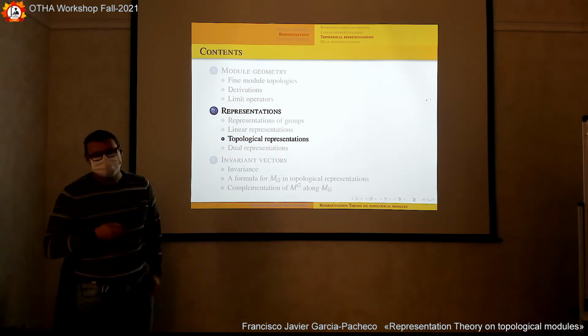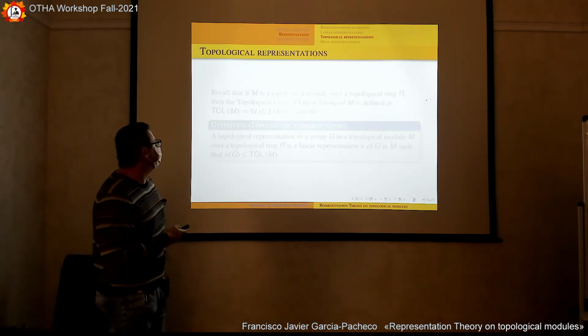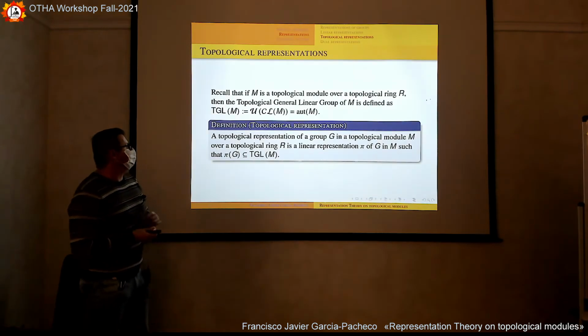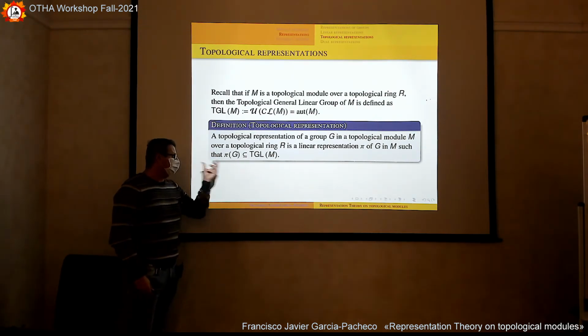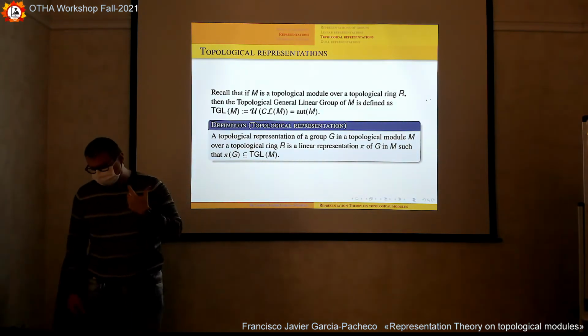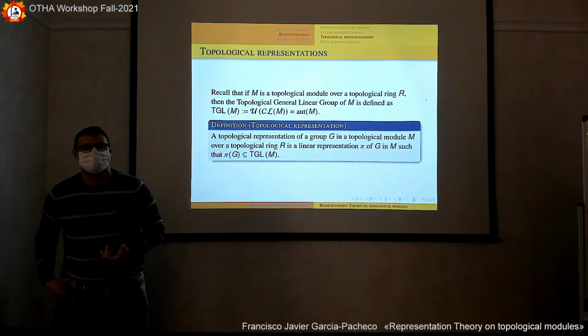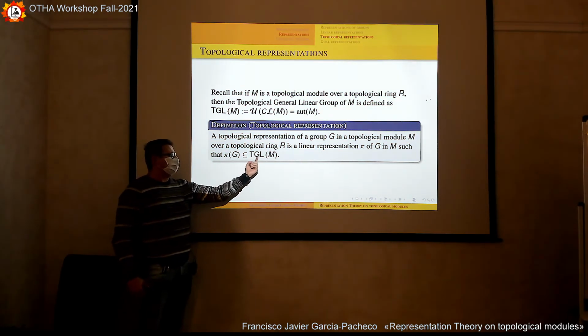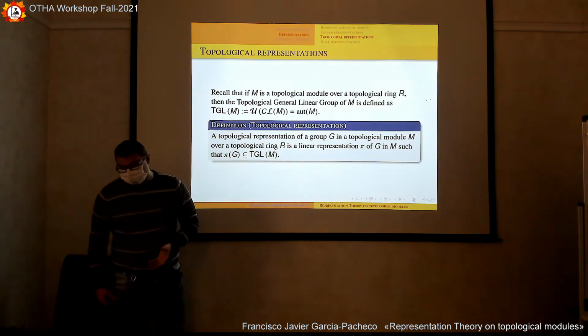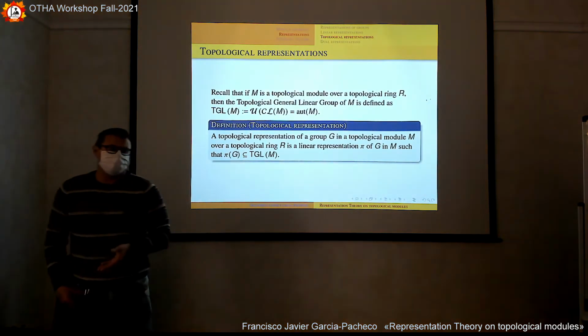If we consider topological modules, then we have topological representations. Actually, these topological representations are defined after linear representations as particular cases, because the topological general linear group is clearly a subgroup of the general linear group.